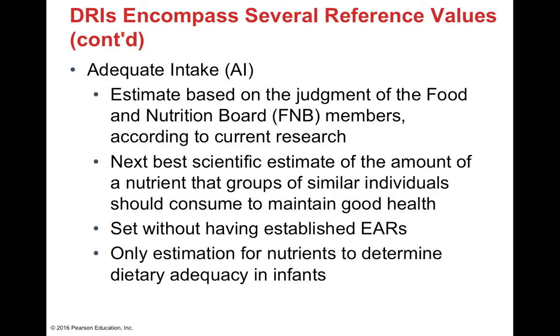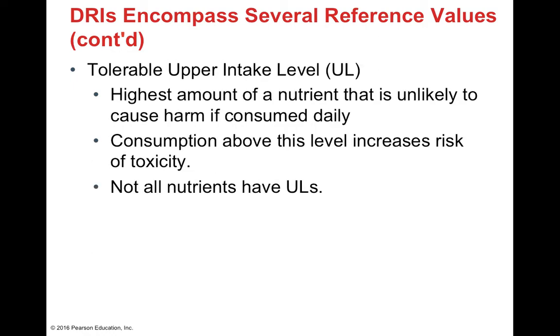It's the closest scientific estimate of the amount of nutrient that a group of individuals should consume to maintain good health. And it's only set without having established EARs. So we don't really know what the EAR is, but we can still figure out what the adequate intake is. And it's only estimated for certain nutrients, particularly for adequacy in infant diets.